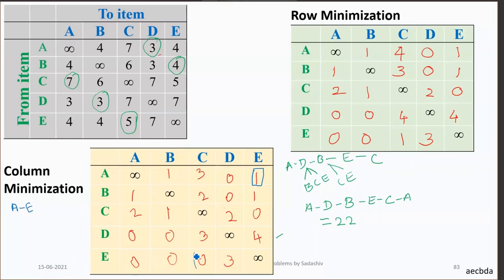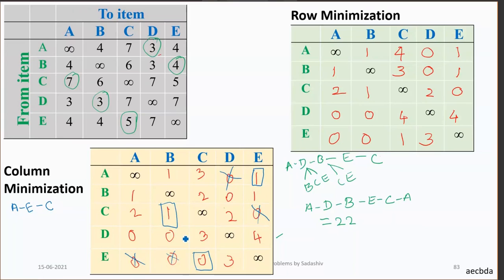E to C he can go, or else E to B also. After that C to B is fine, and the other two are not possible.